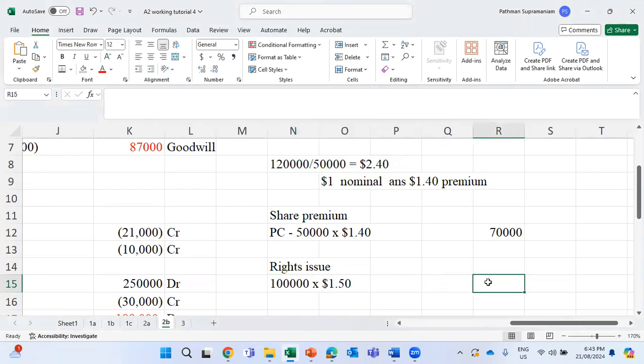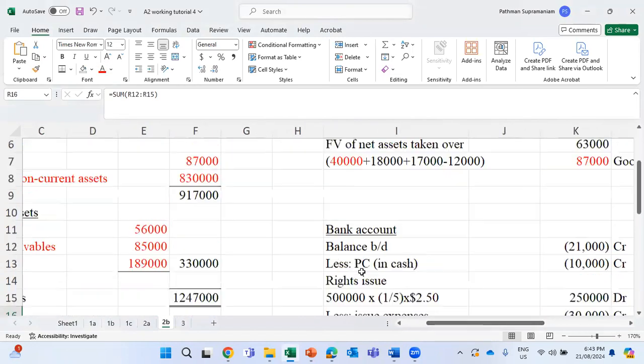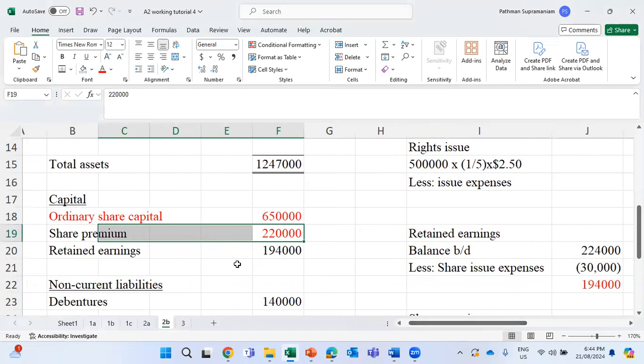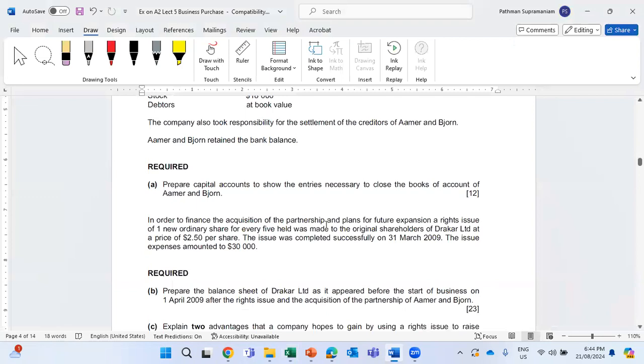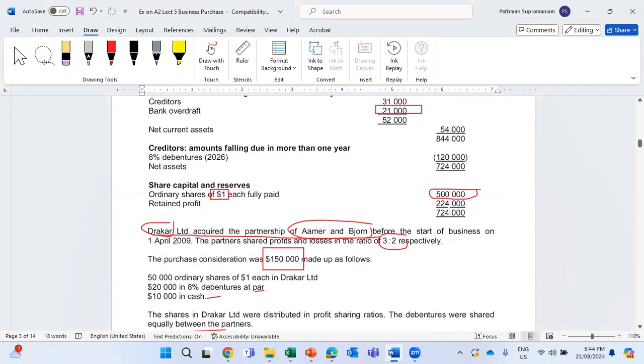Okay, so this will be 100,000 shares times 1.50 per share. So adding both of this, we will get 220,000. So that's how we get the share premium of 220,000.